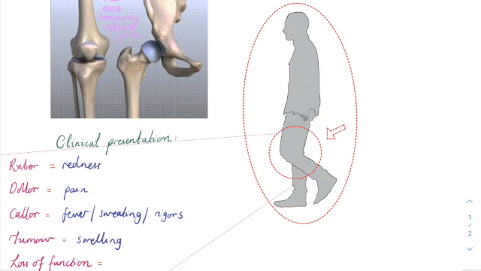You should feel for warmth of the joint, and you might also find that the patient has a reduced range of active and passive movements. You may also find that the patient is unable to weight bear and walk, and therefore may present with a limp. The most commonly affected joints are the hip and the knee joints.